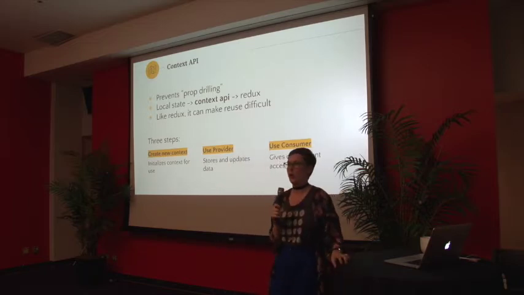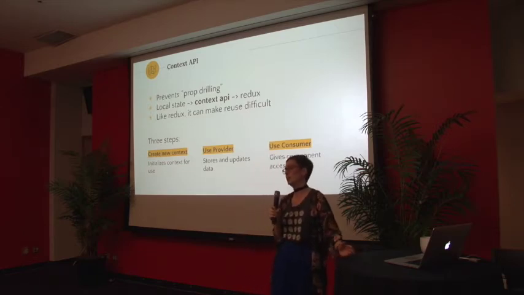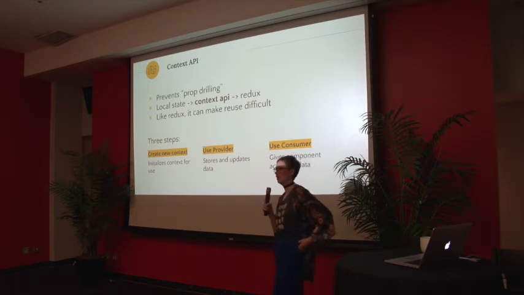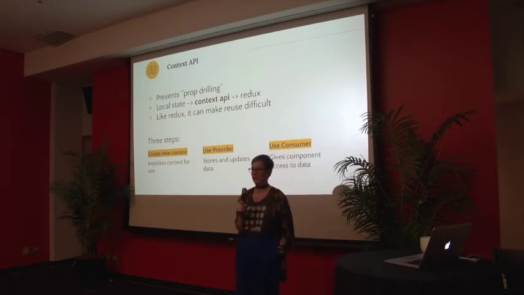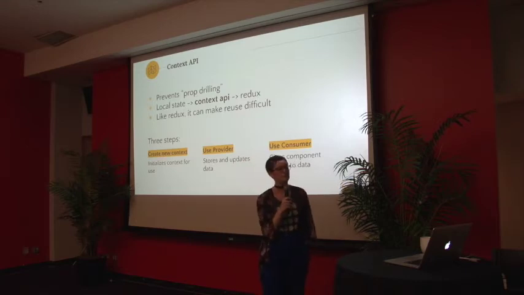It's also important to know it can make reuse difficult. A big portion of this is how you code your contexts, but certainly anytime you're sharing data between components that lives in a third space, understanding where that comes from can be difficult. So that's important to value.